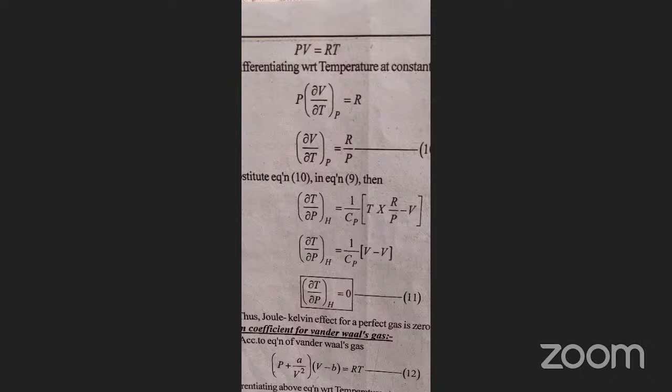Then ∂T/∂P at constant H is equal to 0, which is equation 11. Therefore, the Joule-Kelvin effect for a perfect gas is 0.